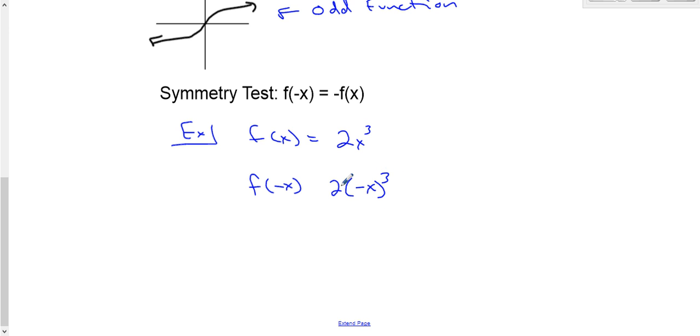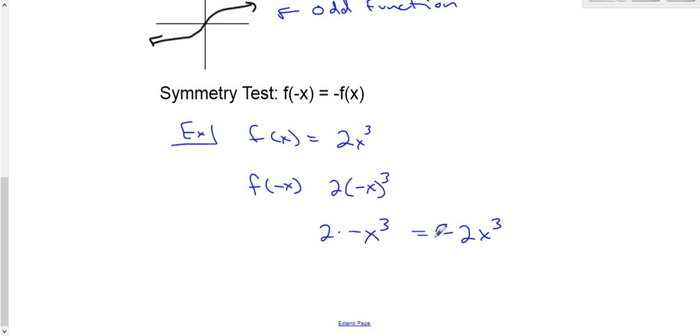Well, any negative number to an odd exponent stays negative. So this is kind of like 2 times the negative value of x cubed. Well, 2 times anything negative is going to be negative 2x cubed.